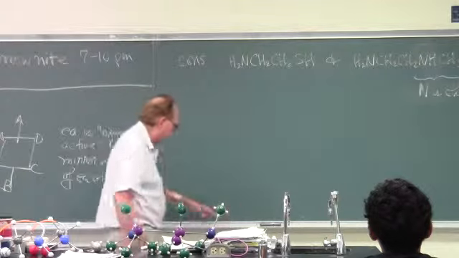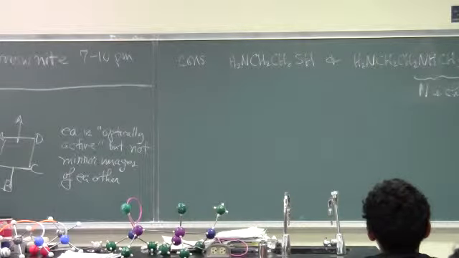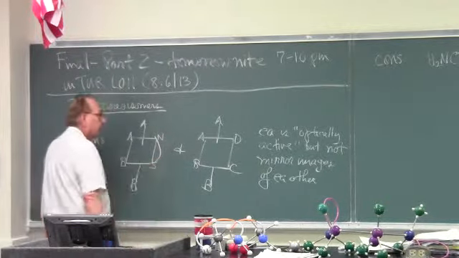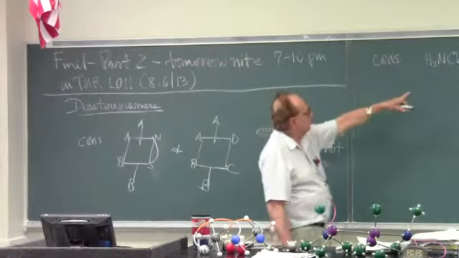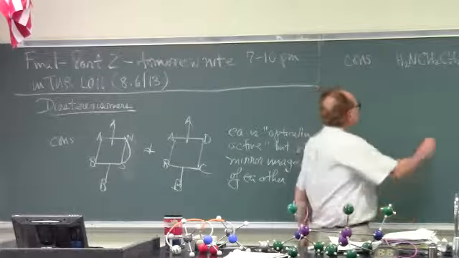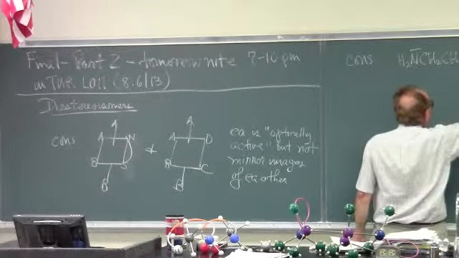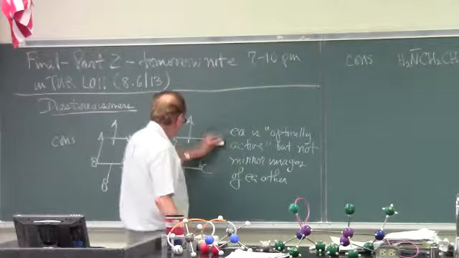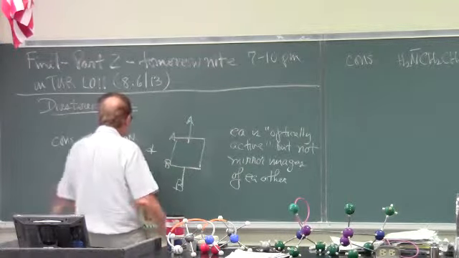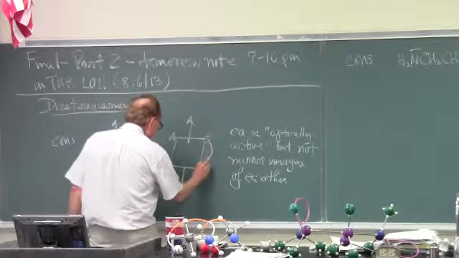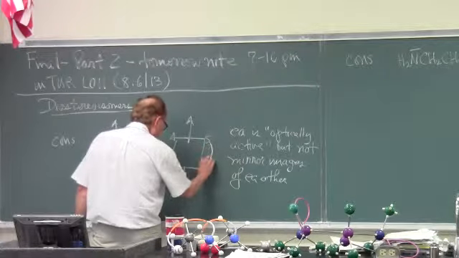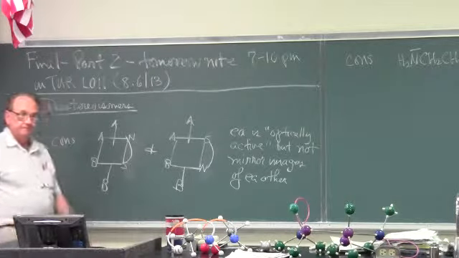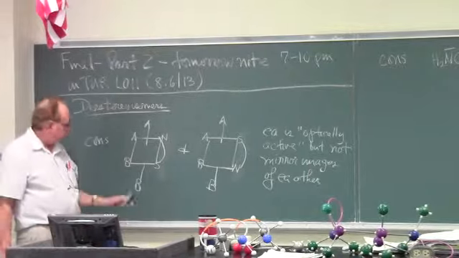If, for example, we get rid of C and D, and replace C and D with this chelating ligand, where N is a donor atom, and the sulfur atom at the other end is a donor atom, we can create another example of diastereoisomerism. These are each optically active, but they're not mirror images of each other.